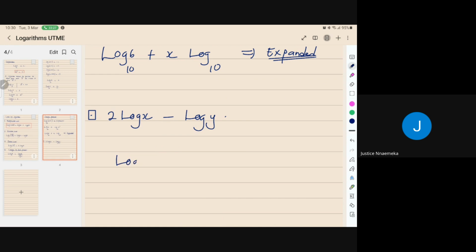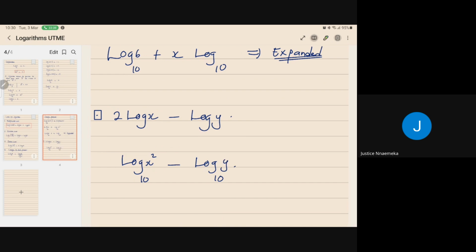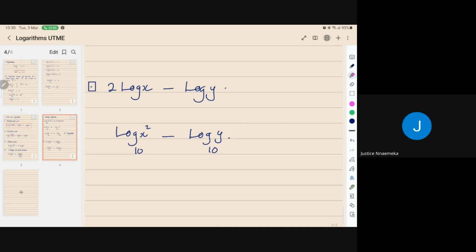This is log x squared, because we're assuming that this is base 10, right? Anytime you don't have the base given, just know it's base 10. Now, when we are subtracting, we remember that it is coming from division. So this is the same thing as saying that you have log 10, open bracket, x squared divided by y.